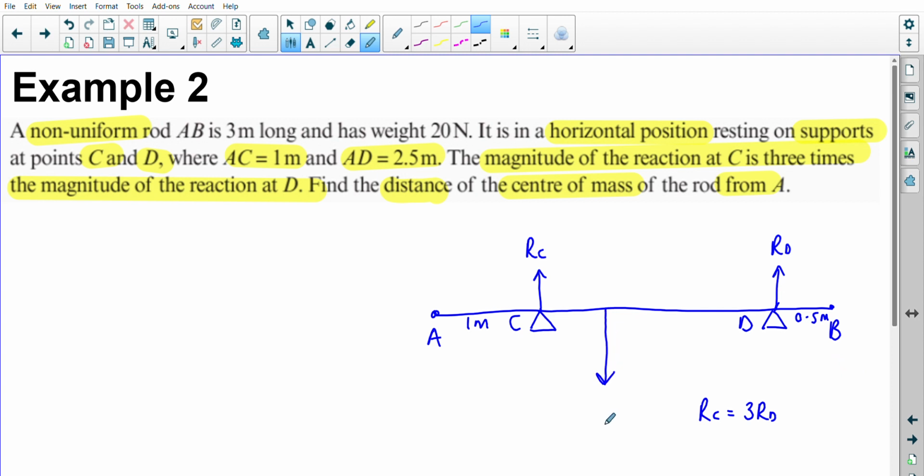It's non-uniform, so not necessarily in the centre. Now it's given me a weight of 20 newtons, so I will be leaving it as 20 newtons. So I'm trying to find what this length is here. Okay, the distance of the centre of mass from A. So what is that?